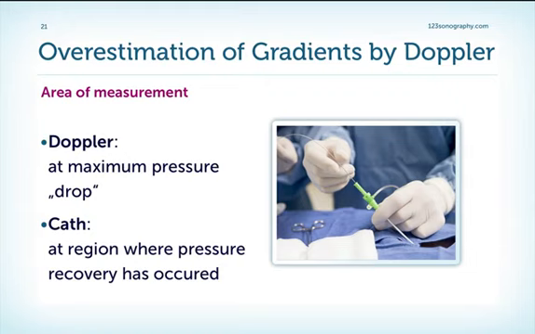This is dependent on the area of measurement. In the Doppler, in echo, we measure at the maximum pressure drop, whereas in the catheter lab, we measure at the region where the pressure recovery has already occurred. And so this can explain a discrepancy of gradients measured in echo or in catheter lab.